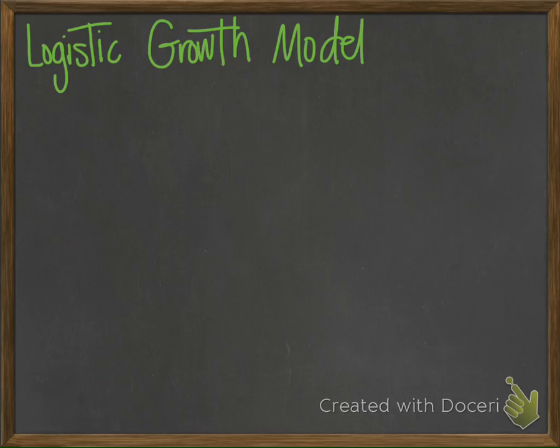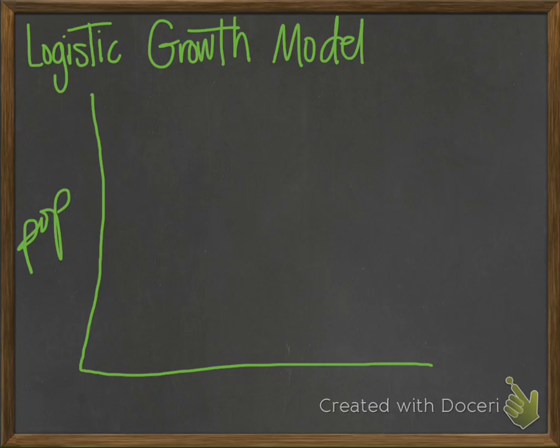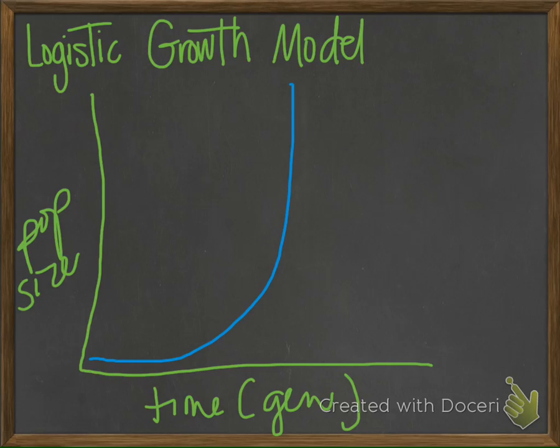If you compare this to the exponential growth, the last thing we had was population size over here, and time in generations. In the last video, the exponential was a J-shaped curve.